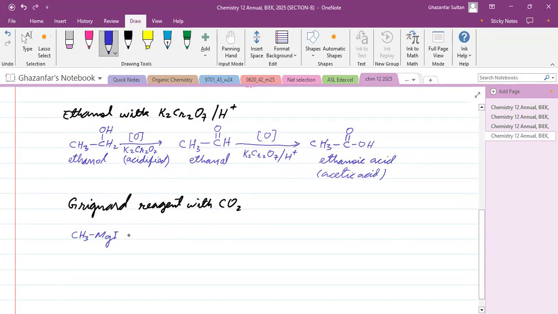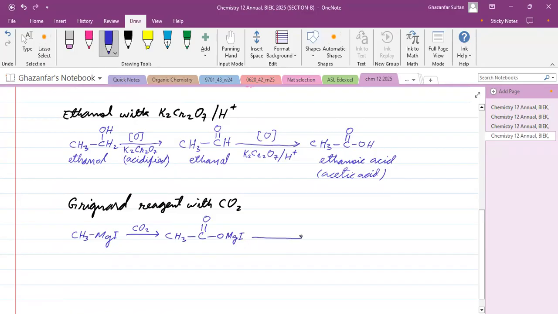So see what happens in the first step. Again, you can show the reagent on the arrow. It produces CH3, and this is the C of the carbon dioxide, and another oxygen is there where magnesium iodide is associated.